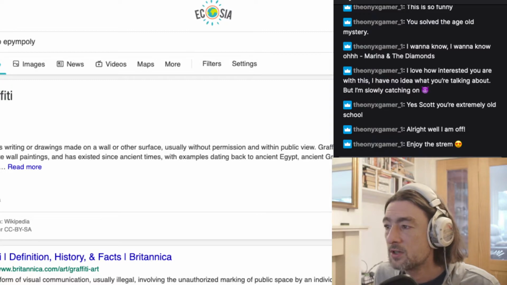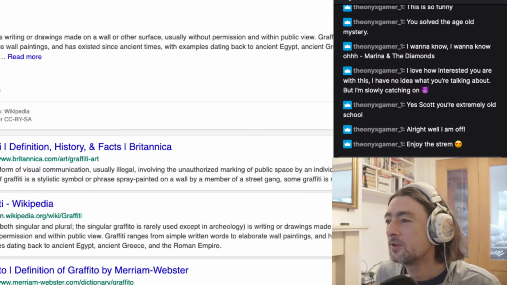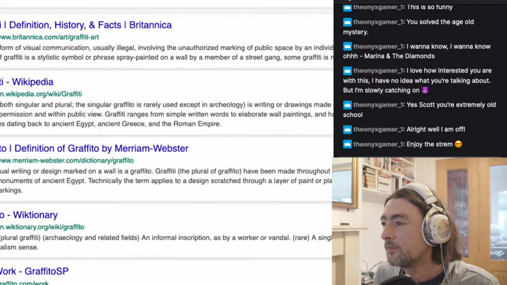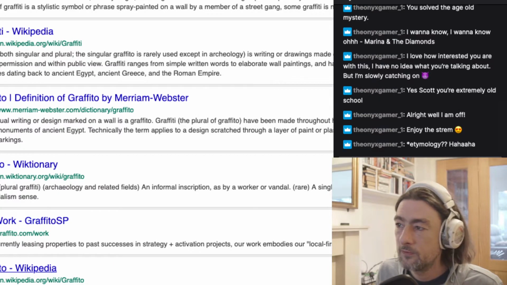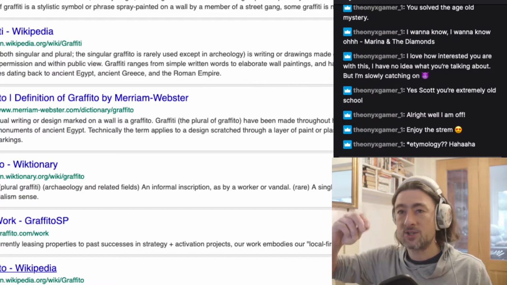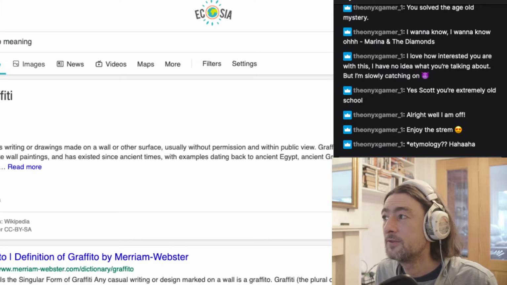Yeah, graffiti is writing or drawings made on a wall or other surface. That's not exactly what I'm looking for. I thought the original... Yeah, here we go. Graffito, Wikipedia. Graffito is the singular form of the Italian graffiti, meaning little scratch. There you go, scratches. So that rock fluting really is early graffiti, graffito.